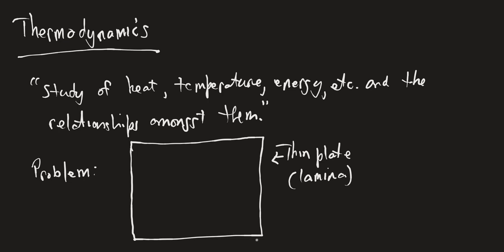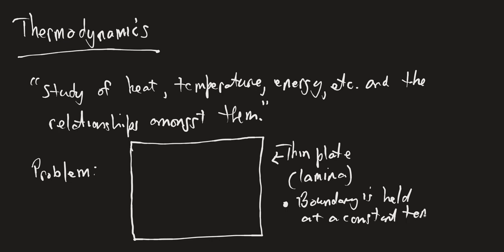So we have one of those thin things here, and what happens is along the borders or boundaries, it's controlled at a constant temperature. So the boundary is held at a constant temperature.